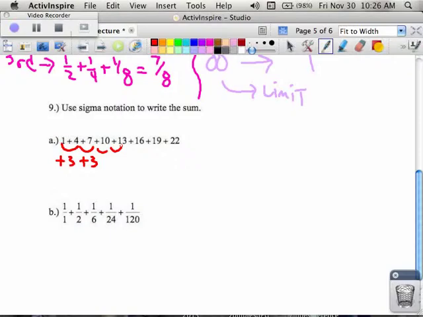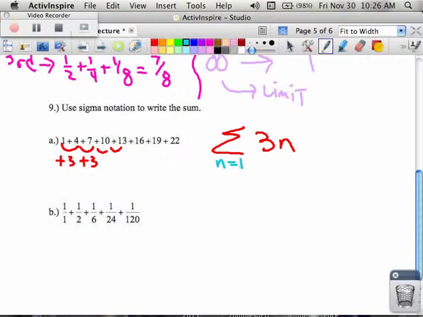So when I write my summation, the first thing that I'm going to write down is 3n, just like I did with my a sub n term. And I usually like to start with the number 1. So I'm going to tell you that my n starts with 1. If you wanted to use an I, you would have had 3I, and I equals 1.